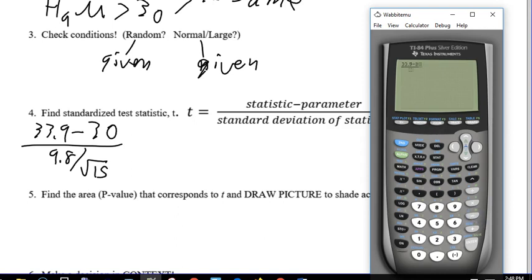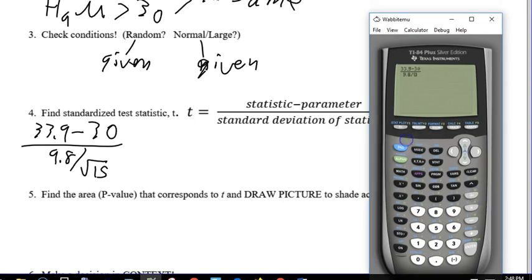Oh, there we go. 30. That was a little too challenging. Okay, on the bottom, 9.8 divided by the square root . Nope. Why? Why can't you just, there we go, delete. Second.